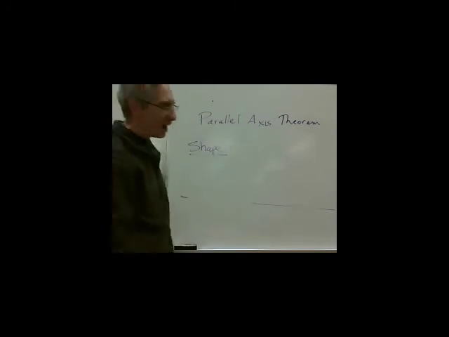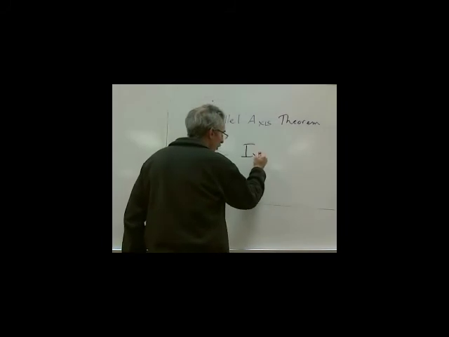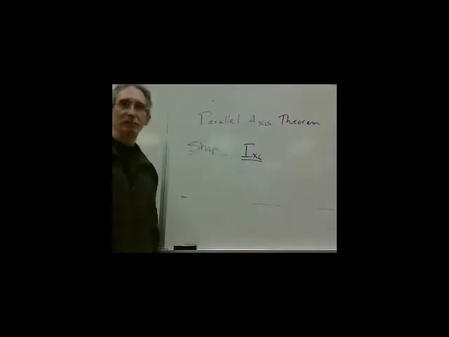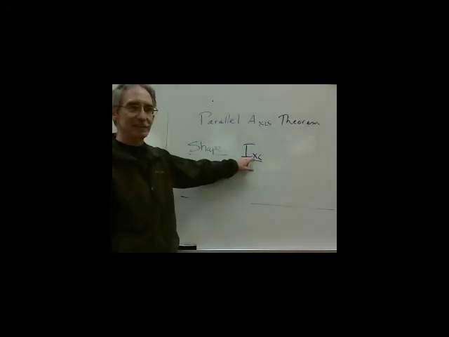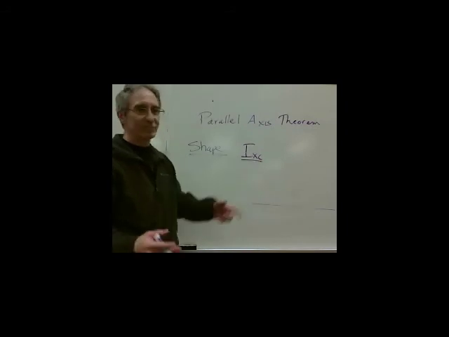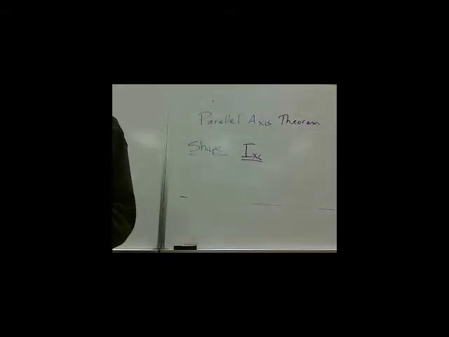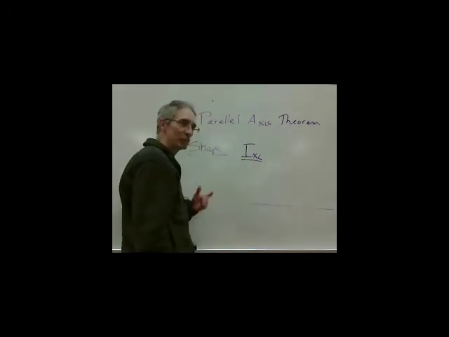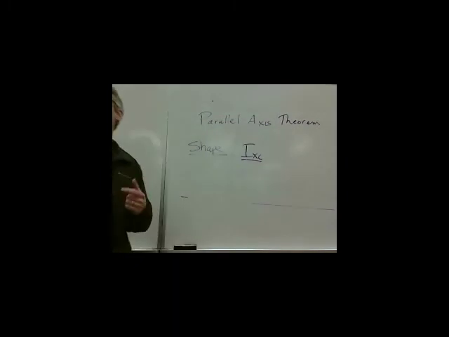I'm going to have a column called IXC, which is the moment of inertia. If I say X, that means the moment of inertia about the x-axis. C means the centroidal x-axis, which is all you have formulas for in your book. Okay? So those are the formulas on page 218. If this was IYC, it would mean moment of inertia about the centroidal y-axis.